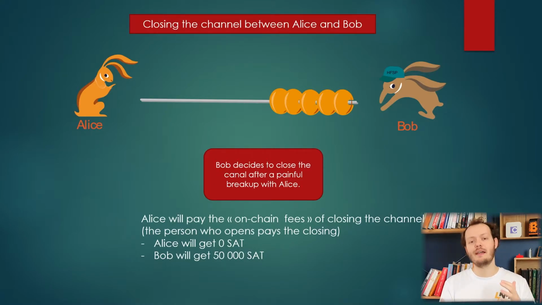I'm not going to go into details on how you can close a channel. That will be for another video or for another course in the future. But just so you know, there are different types of mechanisms. At the end of the day, the on-chain balance is going to be updated and the Bitcoin are going to move on-chain to the respective wallet.